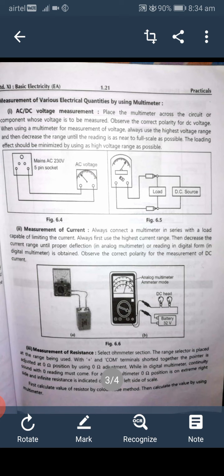When using a multimeter for measurement of voltage, always use the highest voltage range and then decrease the range until the reading is as near to full scale as possible. The loading effect should be minimized by using as high a voltage range as possible.